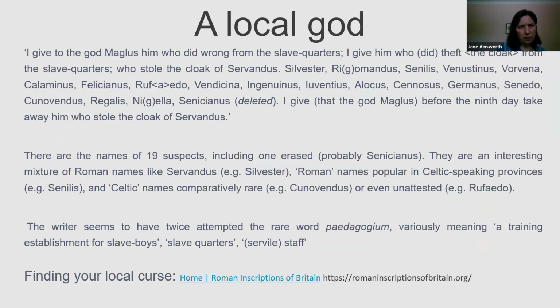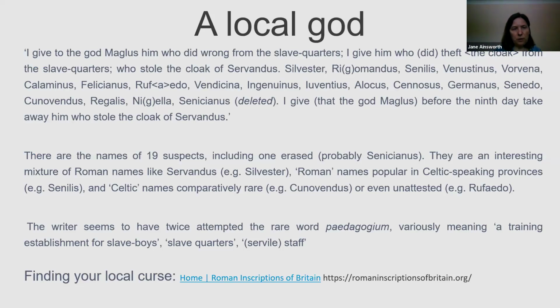I'll give you the text there and go back to that slide. It's written in Latin, but it is written to a local god, Maglus. We have no other evidence for the god Maglus in the whole of Roman civilization. So we have an enslaved person, because he lives in the slave quarters, this word, pedagogium.